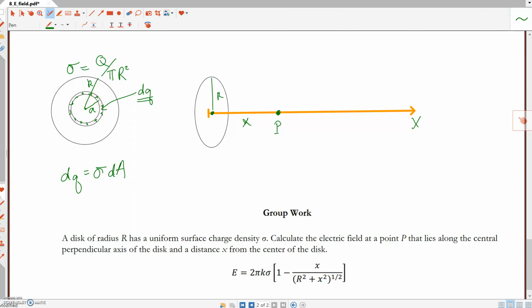Because it's so thin, I'm going to call the thickness dr, because it's a little tiny piece in the radial direction. And the circumference of that ring is 2 pi a, so this dA can be written as the circumference, 2 pi a, times the thickness, dr.